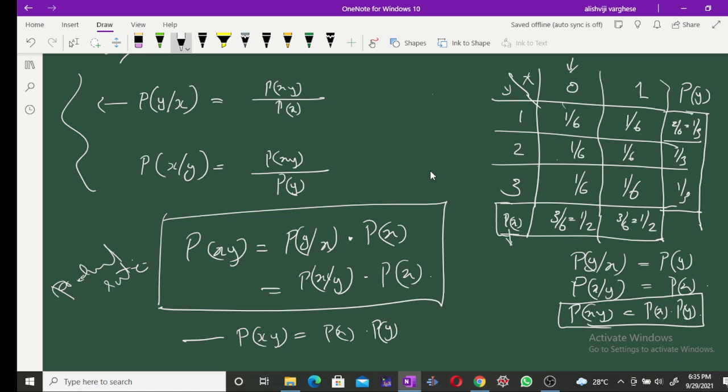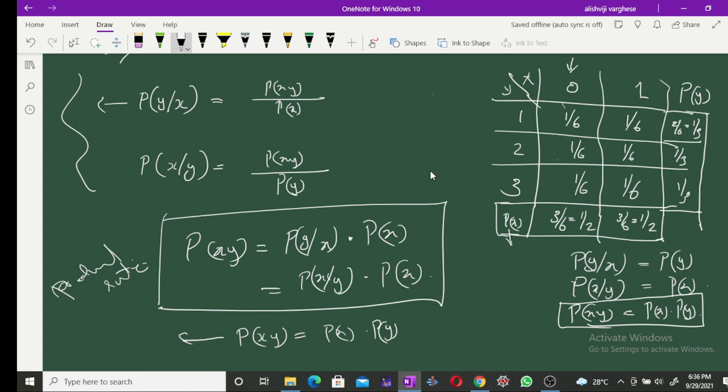And as the name indicates, if x and y are independent random variables, then the occurrence of x does not affect the probability of y, and the value of y does not affect the probability of x.